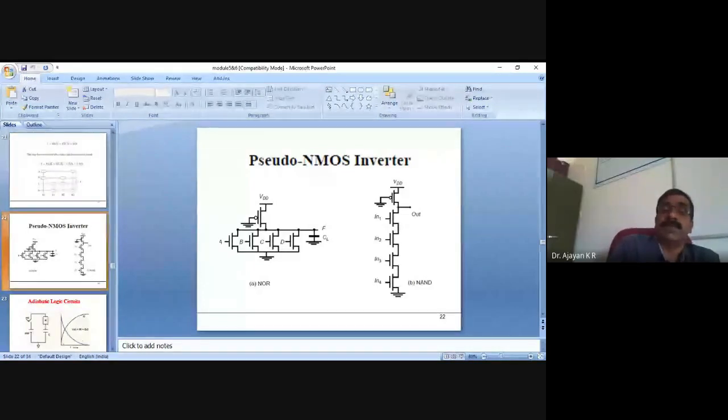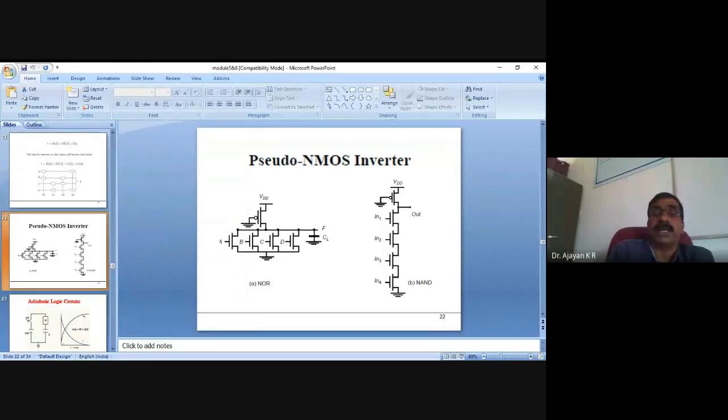And when the capacitor wants to discharge, this case is a NOR gate, that is inputs A, B, C, and D in parallel, or otherwise it is a NAND gate with inputs 1, 2, 3, and 4. When all the inputs are 1 for a NAND gate or any one of the inputs is 1 for a NOR gate, the output becomes 0.